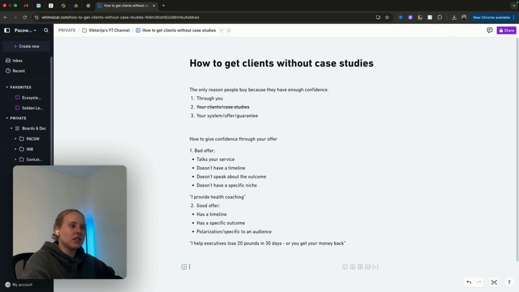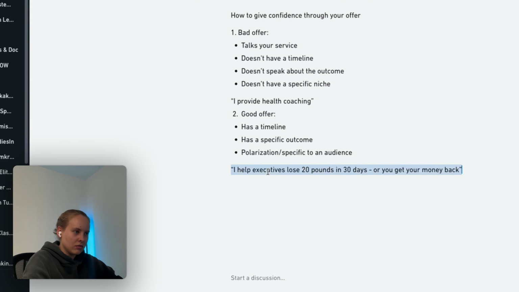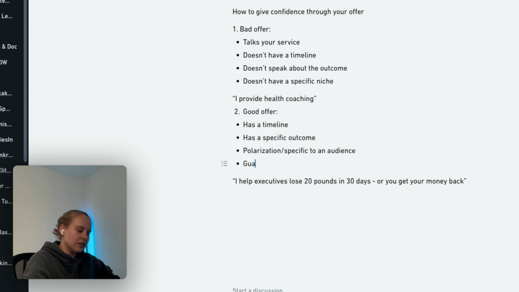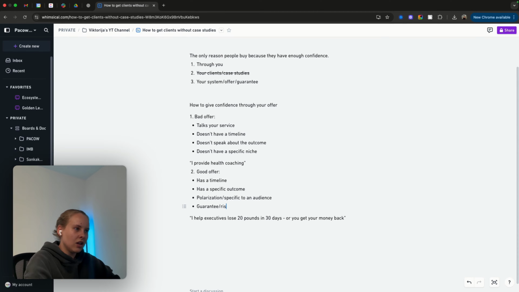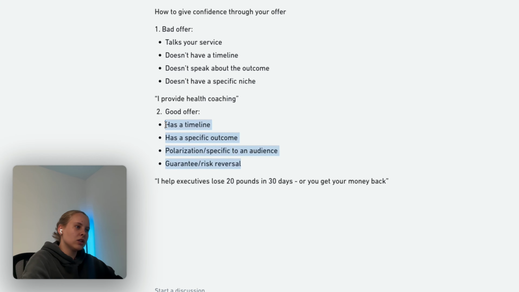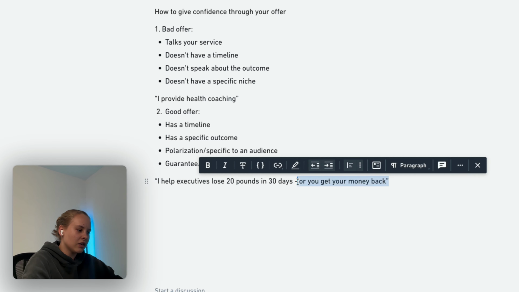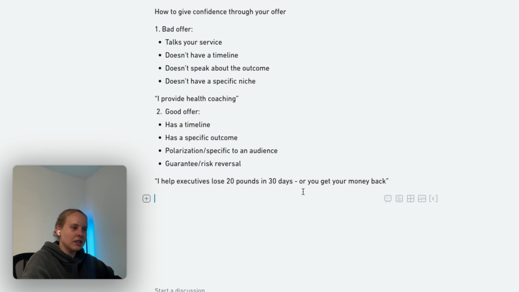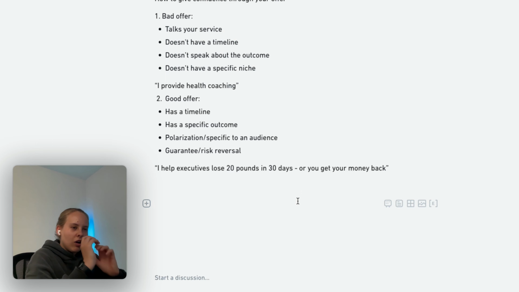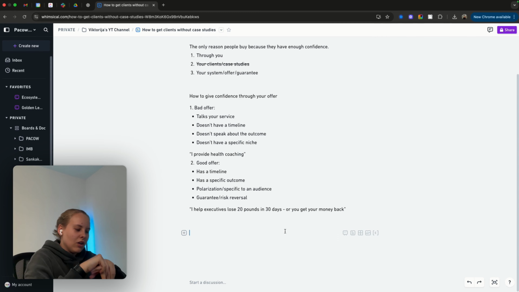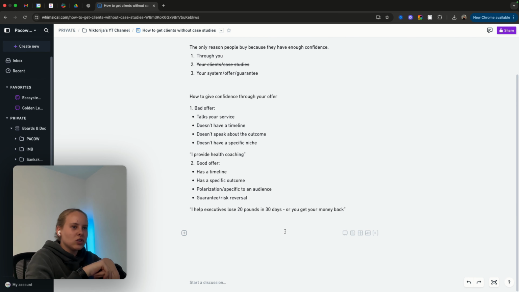This would be an amazing offer because it also has a guarantee, risk reversal, a timeline, a specific outcome, and so on. The more of these things you include in an offer, the better it is. You can have just this without the money back guarantee, but it wouldn't be as good. The goal of a good offer is to make people feel dumb saying no to it, so it has to be really good for people to say yes.